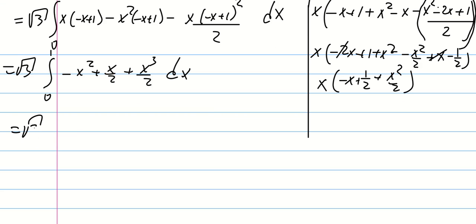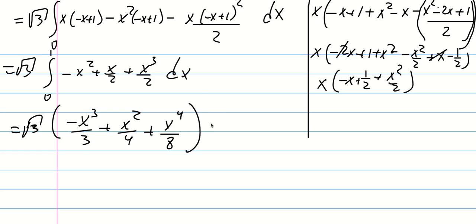And so we have square root of 3. Then minus x cubed over 3 plus x squared over 4 plus x to the 4 over 8 evaluated from 0 to 1.